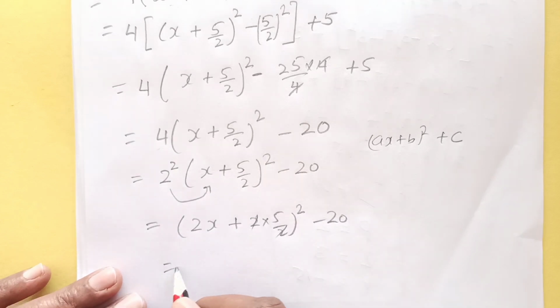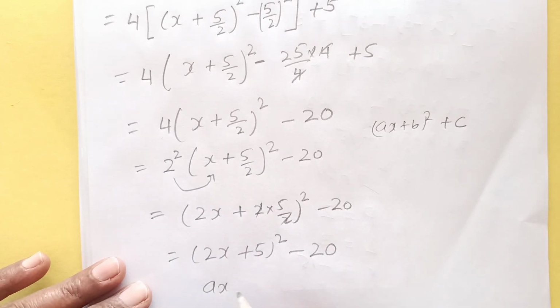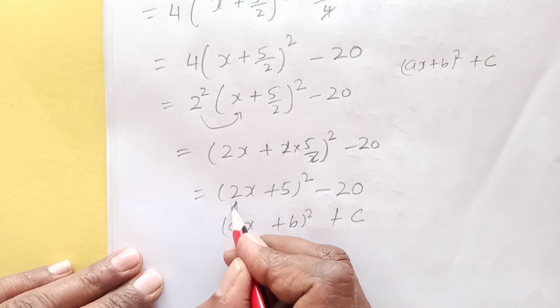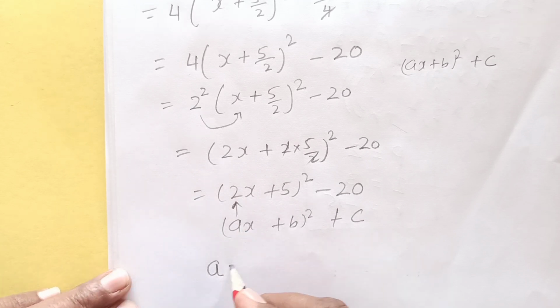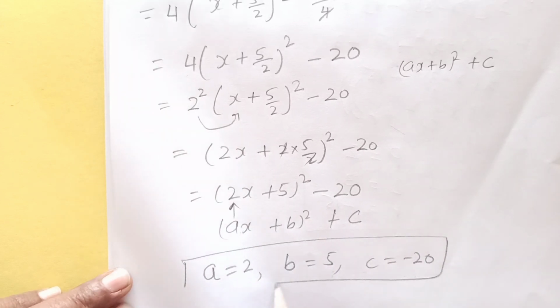So this is gone, so we will have 2x plus 5 squared minus 20. So now this is in the form that we require. So from here, when you equate the values, compare the values, a is 2, b is 5 and c is minus 20. So this is the final answer.